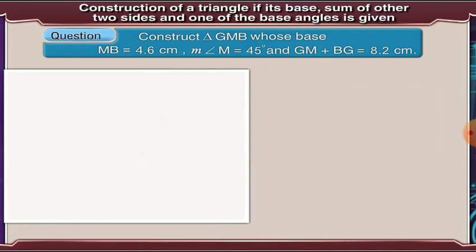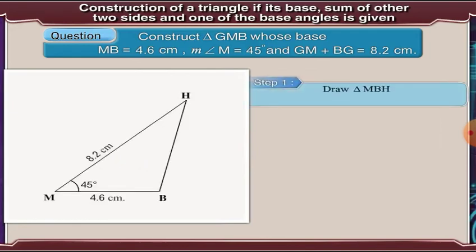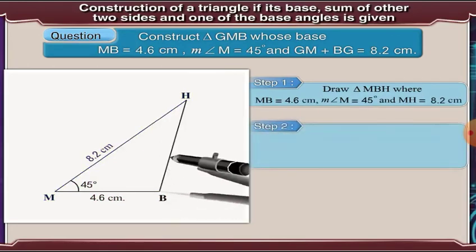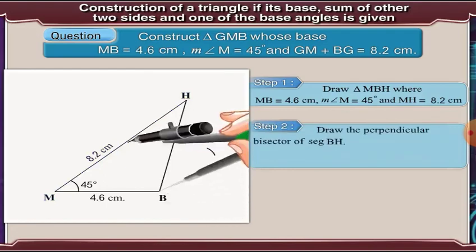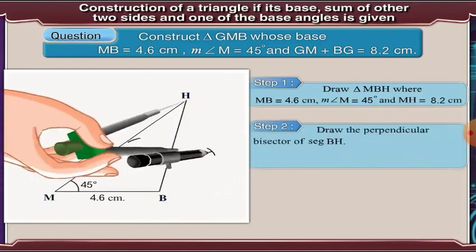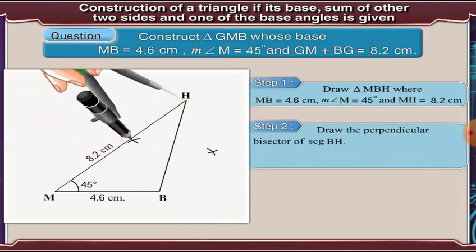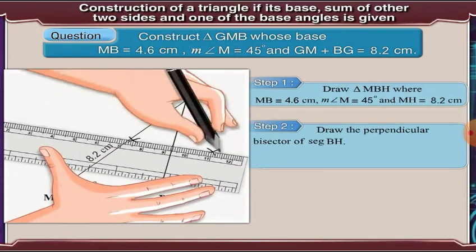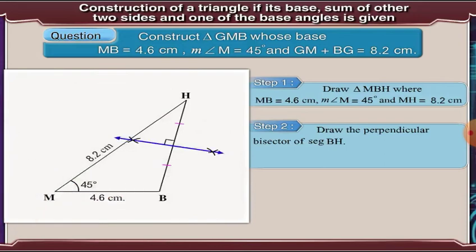Step 1 is to draw triangle MBH where MB is equal to 4.6 centimeters, measure of angle M is equal to 45 degrees and MH is equal to 8.2 centimeters. Now, draw the perpendicular bisector of segment BH and allow it to meet segment MH.